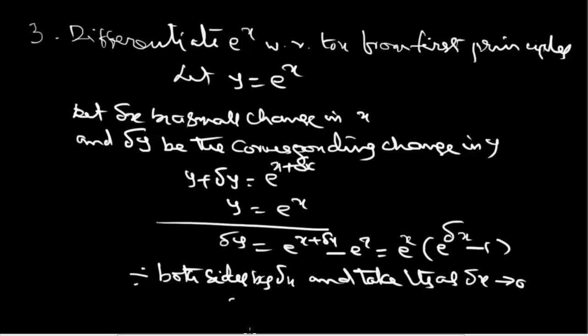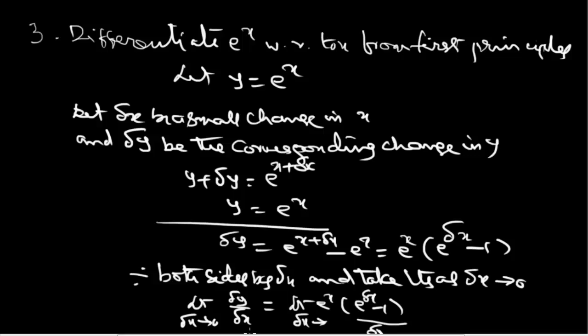So delta y by delta x is e power x into e power delta x minus 1 by delta x, with the limit delta x tending to 0 on both sides.